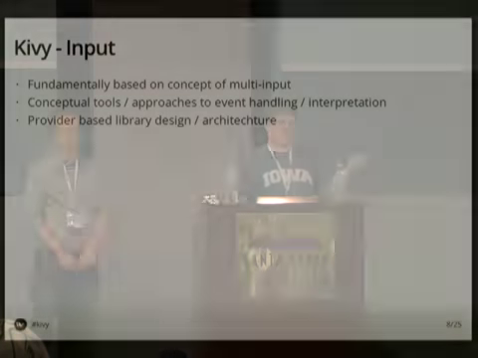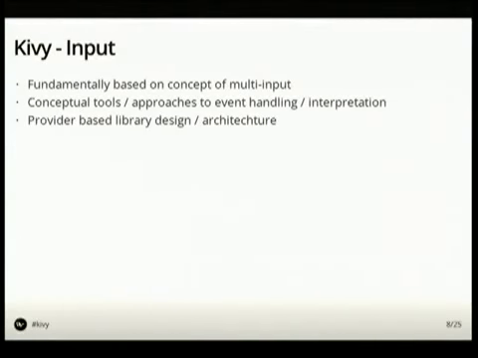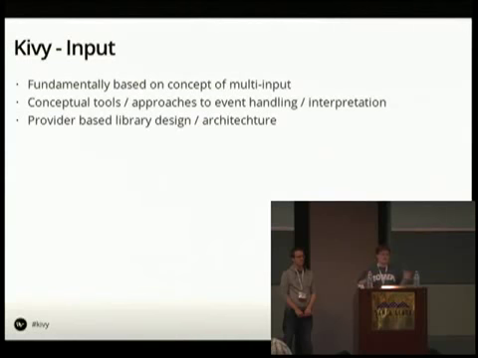For the input, from the very first point, before Kivy, we had another framework called PyMT that was an experimentation. The main motivation was, okay, inputs are changing. How does the programming API design, the library design change for this new world that's not based on a mouse and a keyboard anymore?